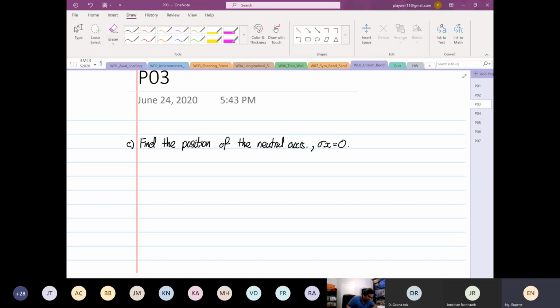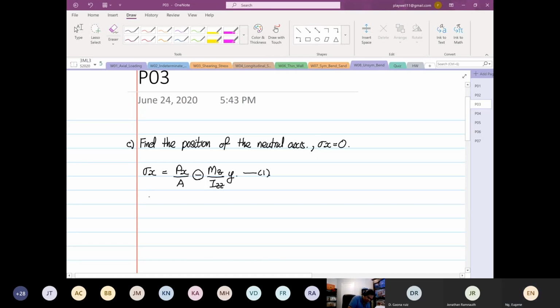So if we were to use the formula where you have stress X is equal to Px over A minus Mz over Izz multiplied by Y. But you have to remember here that this is equal to minus, okay? So I call this equation 1.